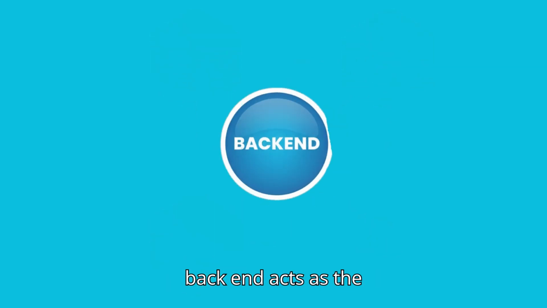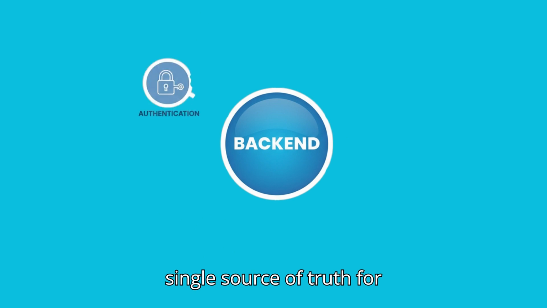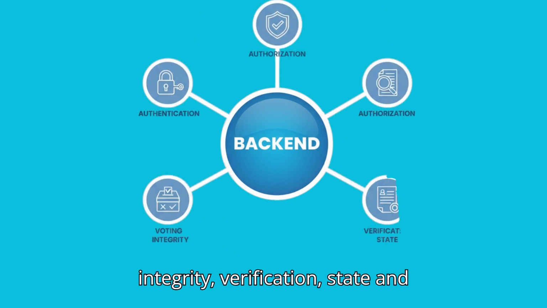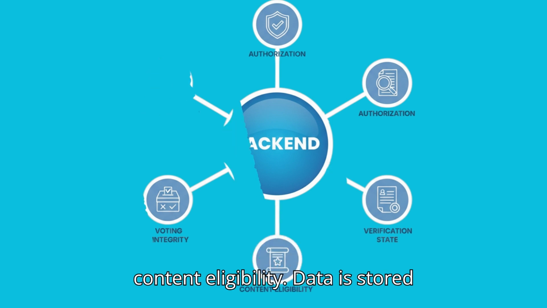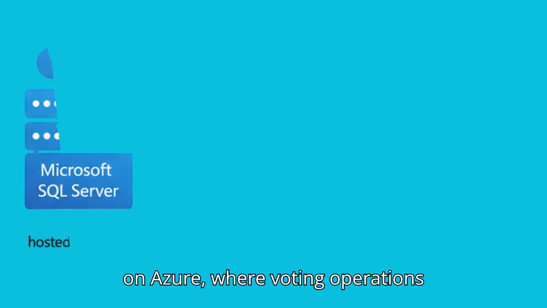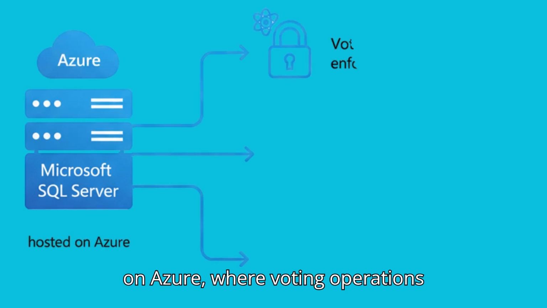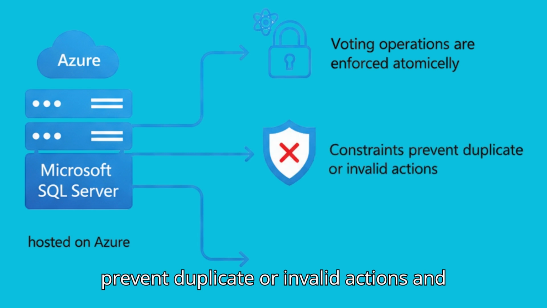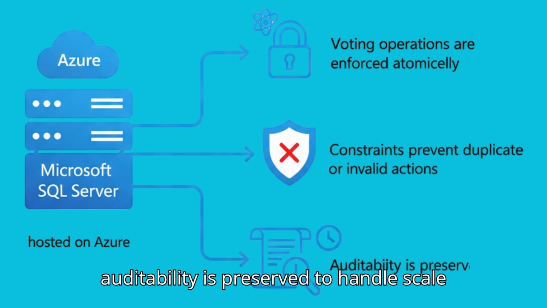The backend acts as the single source of truth for authentication, authorization, voting integrity, verification state, and content eligibility. Data is stored in Microsoft SQL Server hosted on Azure, where voting operations are enforced atomically, constraints prevent duplicate or invalid actions, and auditability is preserved.